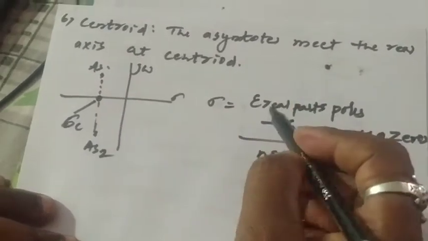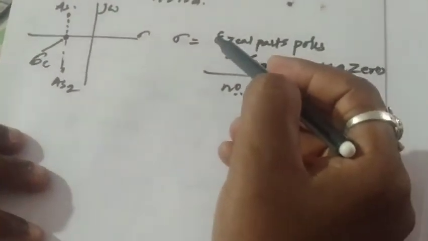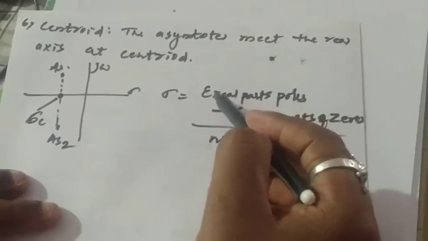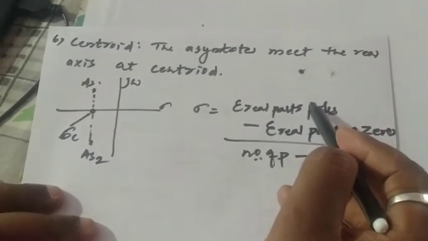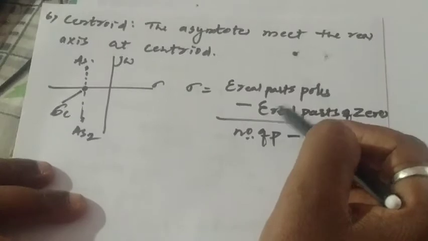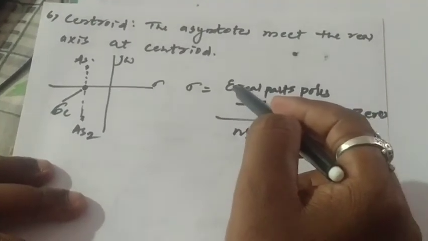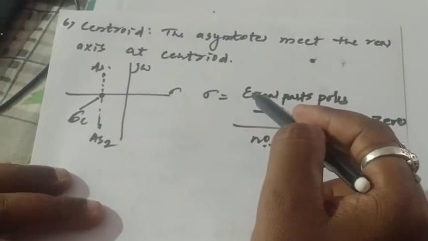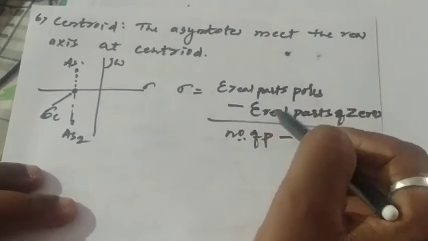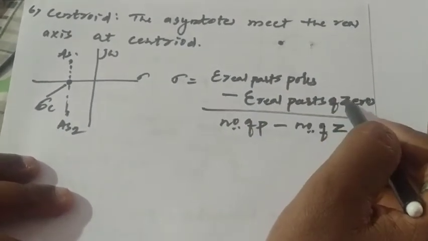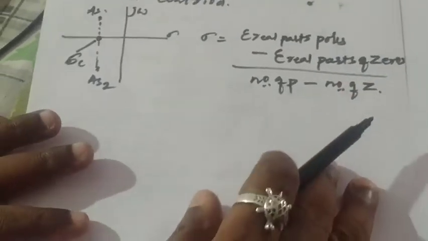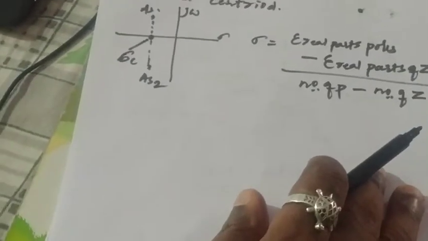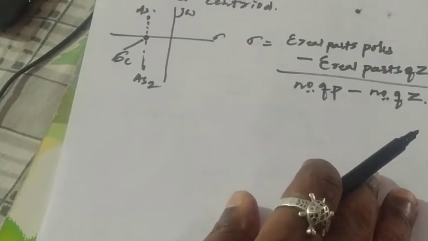From the given equation, depending on the number of zeros and poles, you have to add the real parts of the poles and subtract the real parts of the zeros. So from the summation of real parts of poles, you subtract the summation of real parts of zeros, divided by the number of poles minus the number of zeros. You will be getting the centroid.